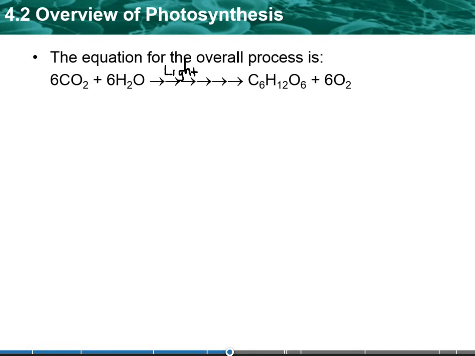So light is going to give you, here are the products on the right hand side, glucose and 6 oxygen. So that is what happens in photosynthesis.